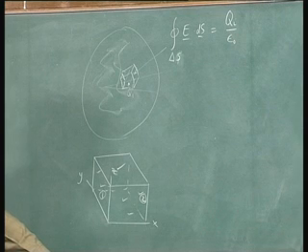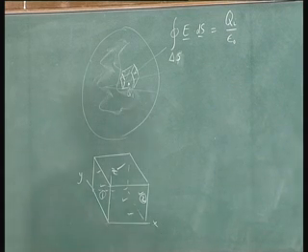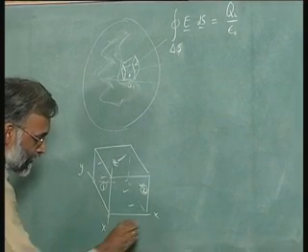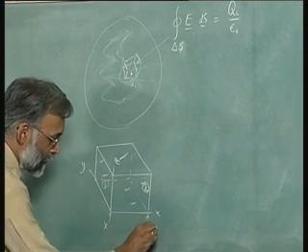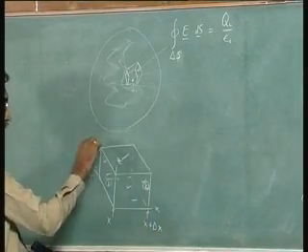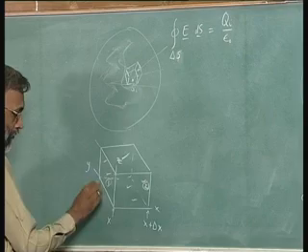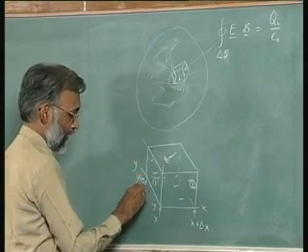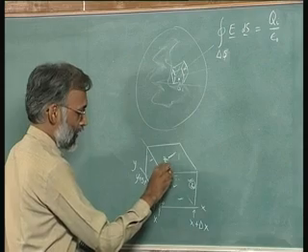If I integrate over the yz surface, both of them, what do I get? The value at this point is x, the value at this point is x plus delta x. Similarly, this is y and this is y plus delta y. This is z and this is z plus delta z.